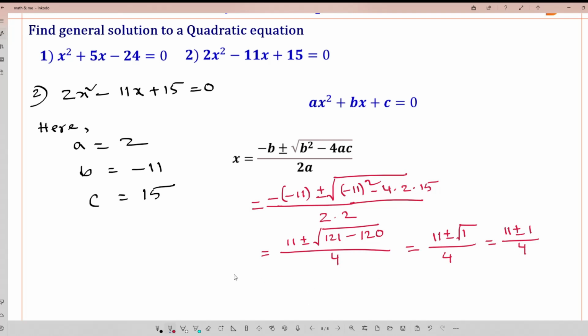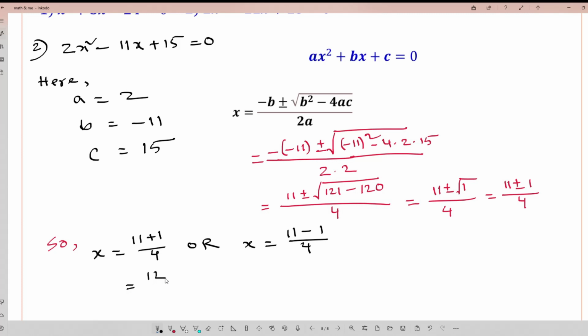Now look, so x equals 11 plus 1 divided by 4, or x equals 11 minus 1 divided by 4.